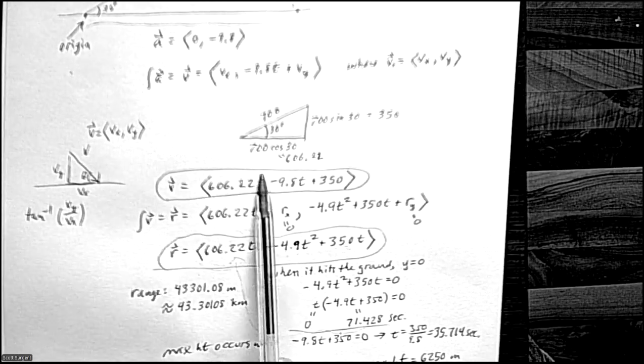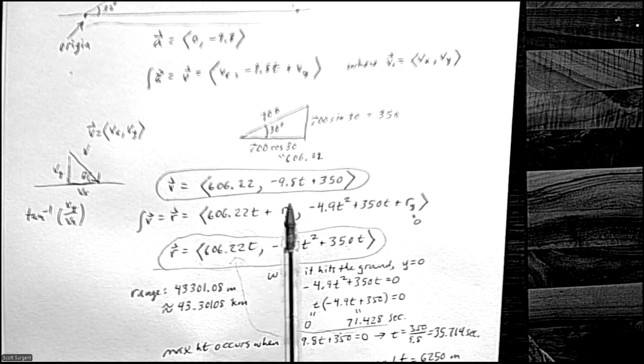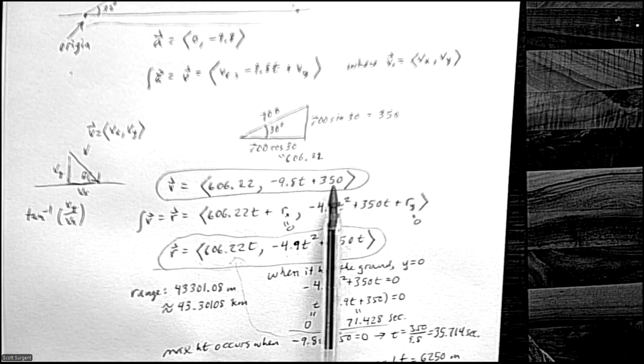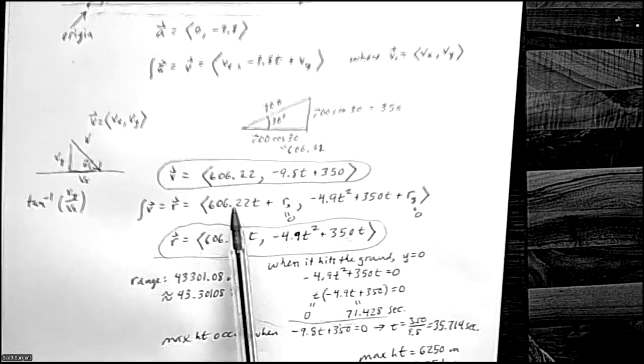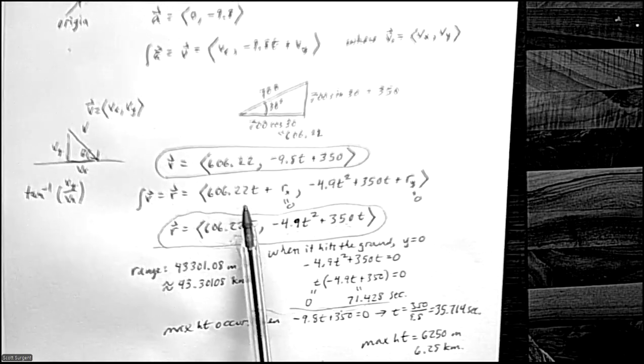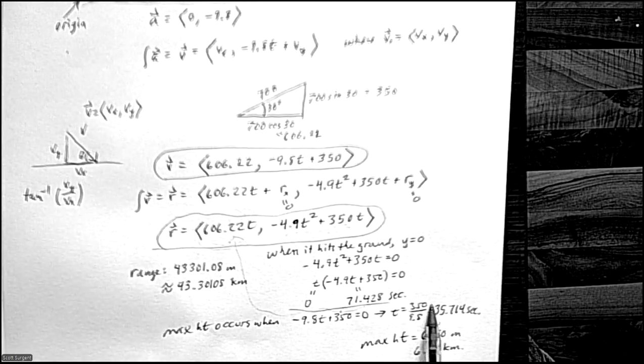So if you've got the velocity vector developed and you know when it hits the ground, then you can get the full vector, and then you can just come back up here. In fact, in this problem, we know that it hits the ground at this time, the 71.428. So if I plug it in right here, the second component I get is basically negative 350.